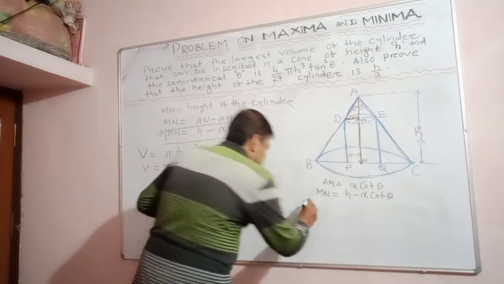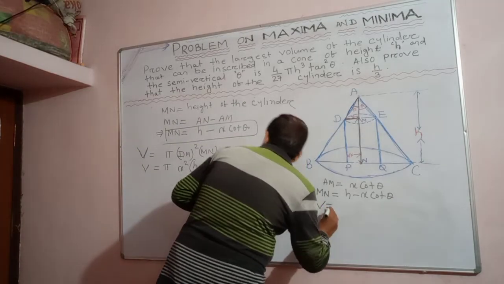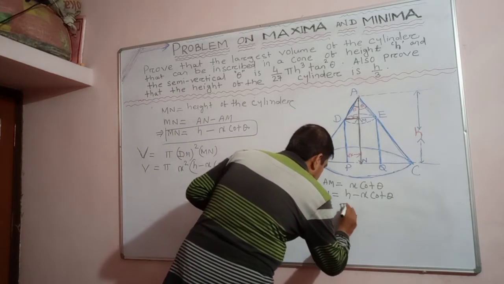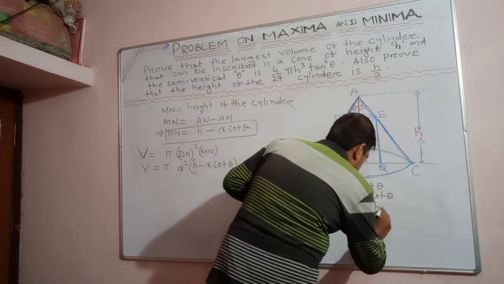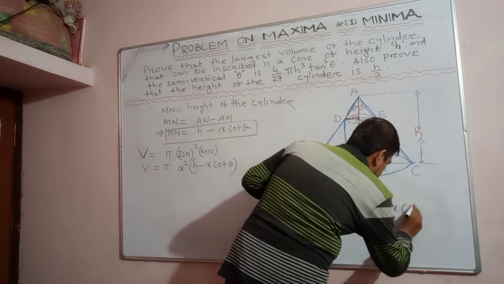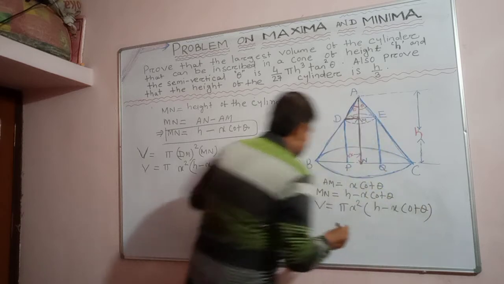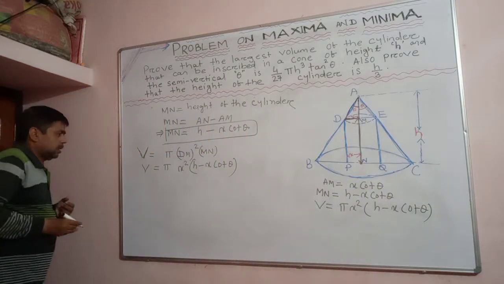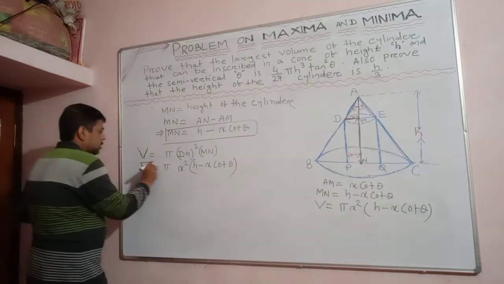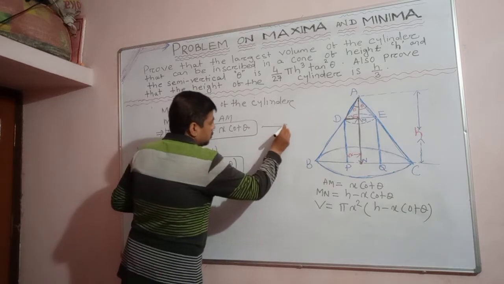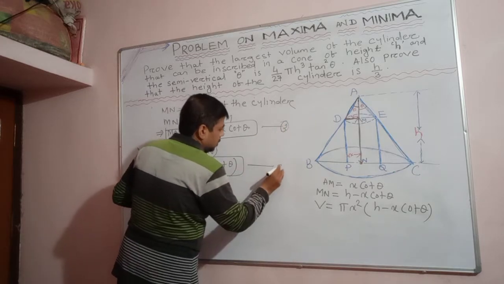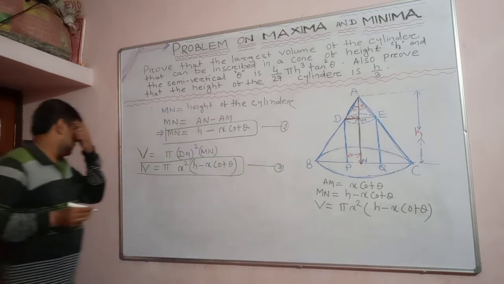Hence, volume of the cylinder we got is pi x square whole into h minus x cot theta. Understand? This is the volume of the cylinder. This is equation number 2 and this is equation number 3 we got.